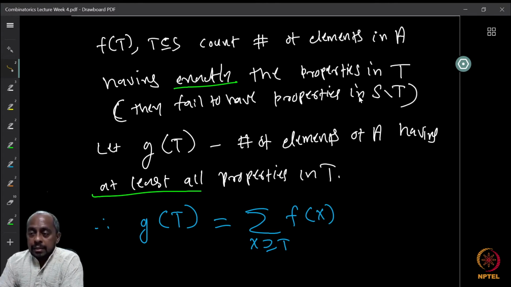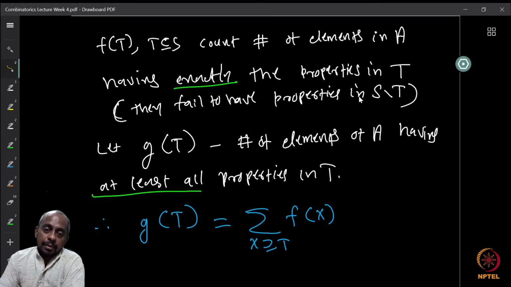Now, what the principle of inclusion-exclusion says is that you can find the inverse. That is, you can express f in terms of G also. Right?